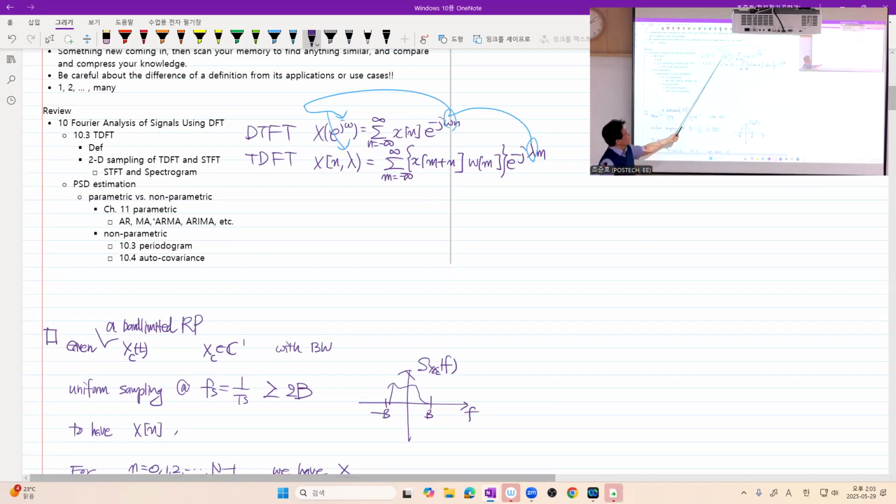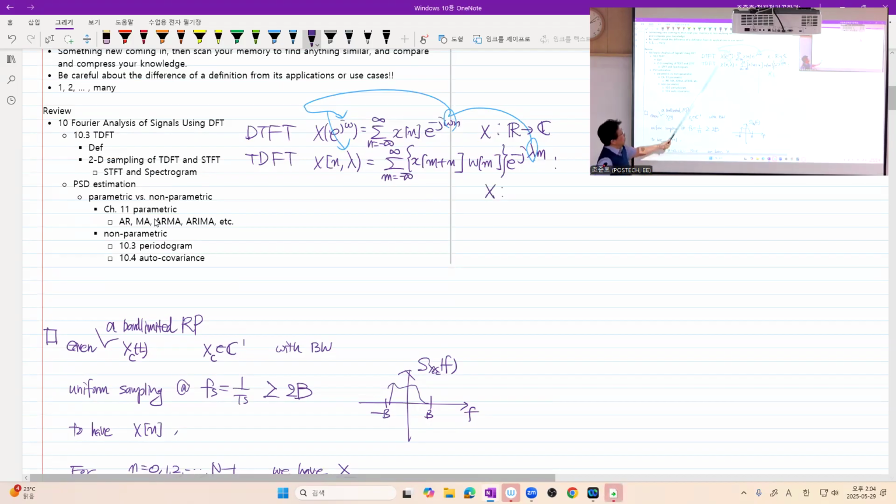So the question is, what is the domain of this function and the range of this function? This function x here is from R into C. Omega is the variable, and it can be any real number. Of course, this DTFT is periodic, so what you need is just one single period of length 2 pi. However, x is basically a real valued function. And what about this x?